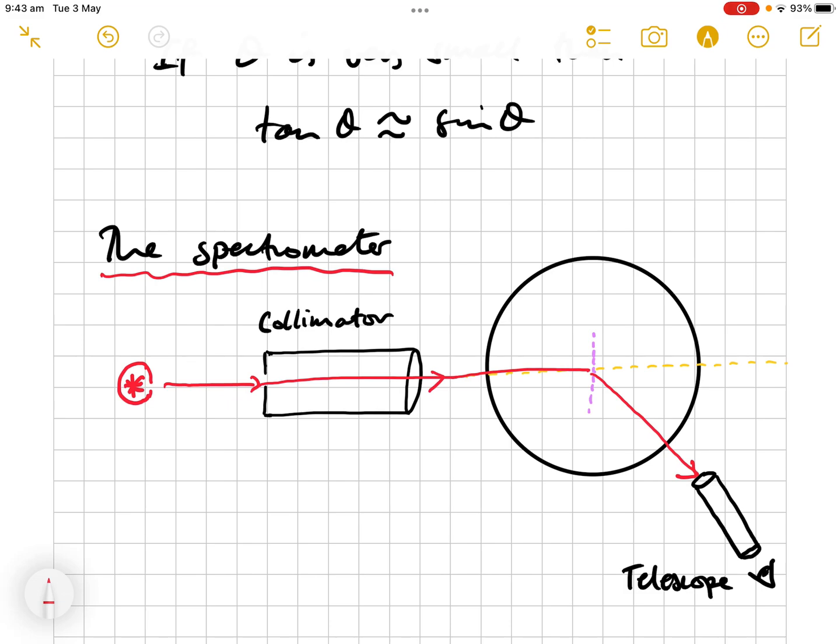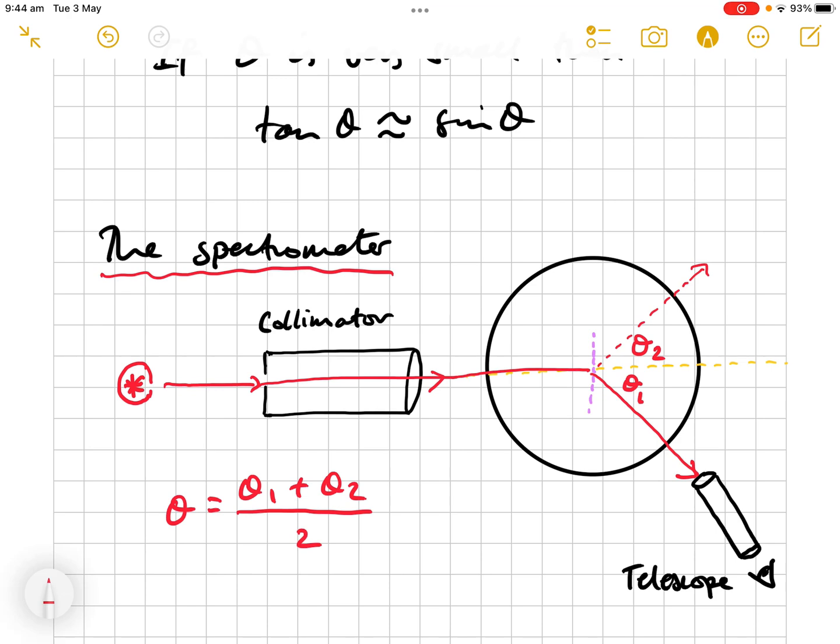And what's done in practice is that you would move your telescope round so that you would measure theta here and here. So if we call that theta 1 and theta 2, the angle of deviation theta itself would be theta 1 plus theta 2 divided by 2.